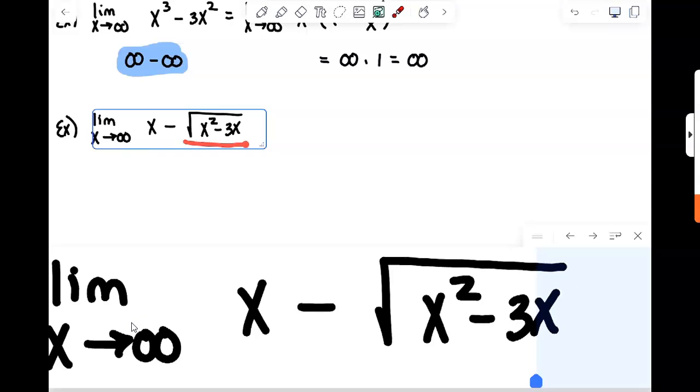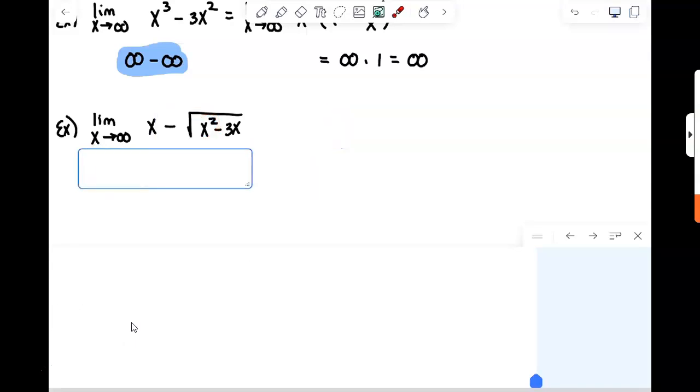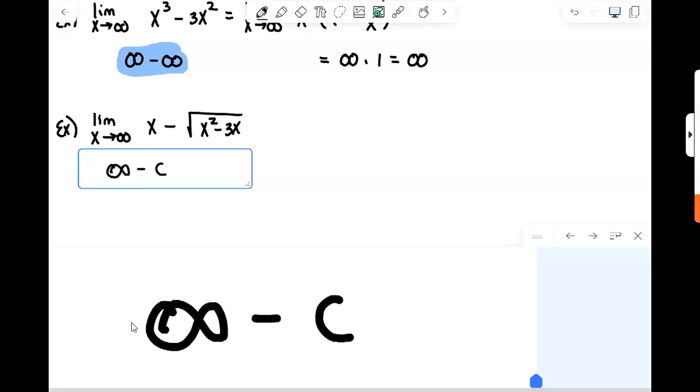And inside the square root, the only thing that really matters is the x squared, because it's the largest power inside. So x squared is going to go to infinity, and the square root of infinity will be infinity. So we are once again dealing with an infinity minus infinity limit.